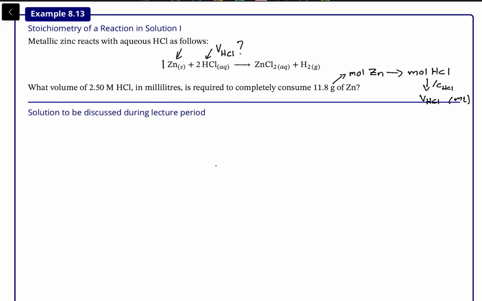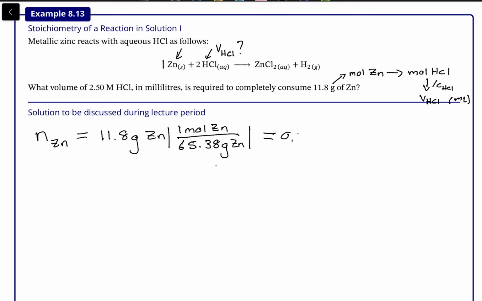So our first step is we need to get mole zinc. So we take 11.8 gram zinc, and we're going to divide by the molar mass, which is in this case 65.38 grams, so 1 mole of zinc weighs 65.38 gram. All right. And that should give you a value of 0.180 and so forth mole zinc.